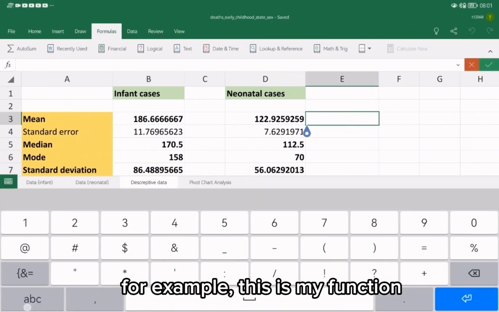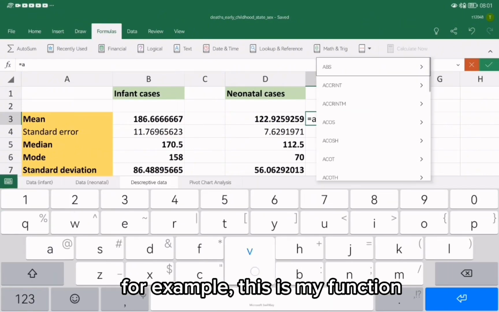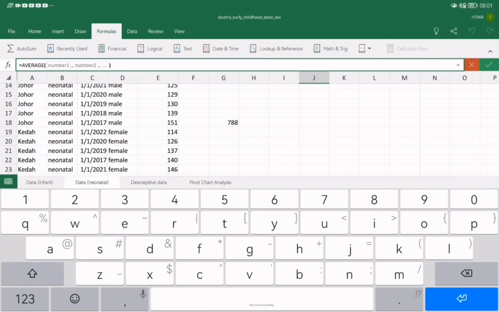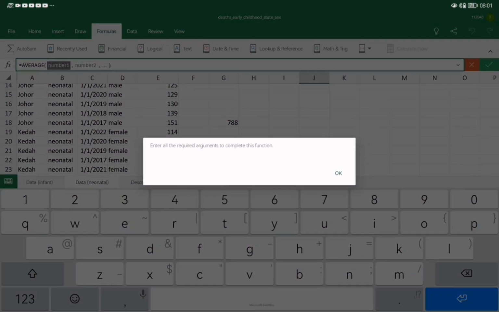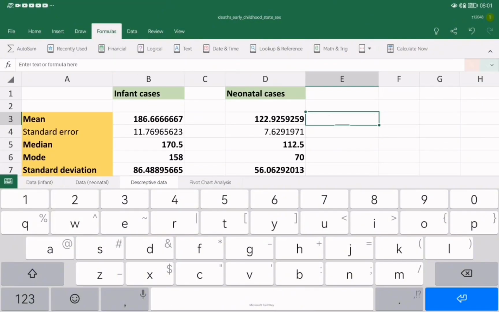For example, this is my average function, and I choose the data in this range.